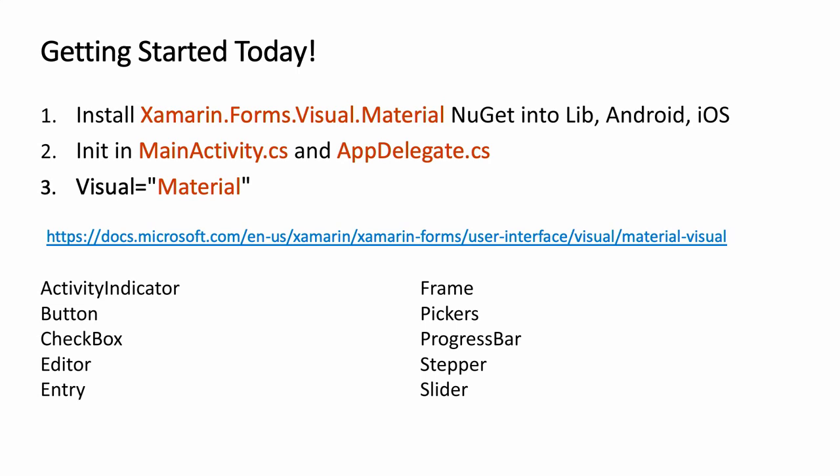And in that case, instead of saying visual equals material, maybe you say visual equals UPS, visual equals IBM, visual equals insert the name of your company. And you can then distribute that throughout your organization. Your Android, your iOS developers can use it. Heck, you could even package that up and give it to your Swift, Objective-C, Java developers, and they could actually use it too.